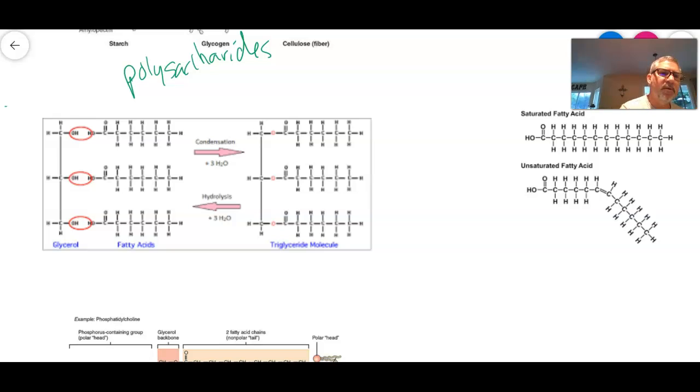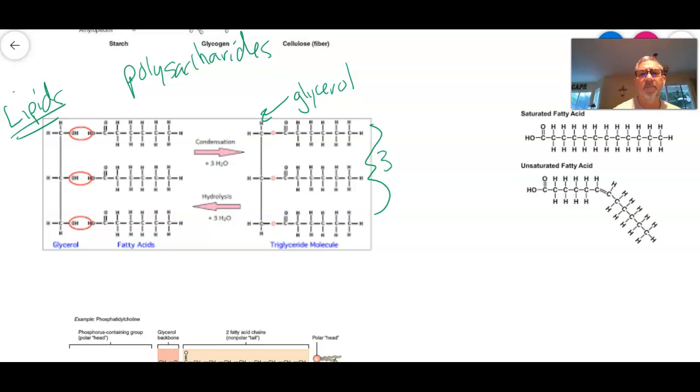Right, so we have lipids. Our lipids, remember we have a glycerol, and these are 3. So this is called a triglyceride.